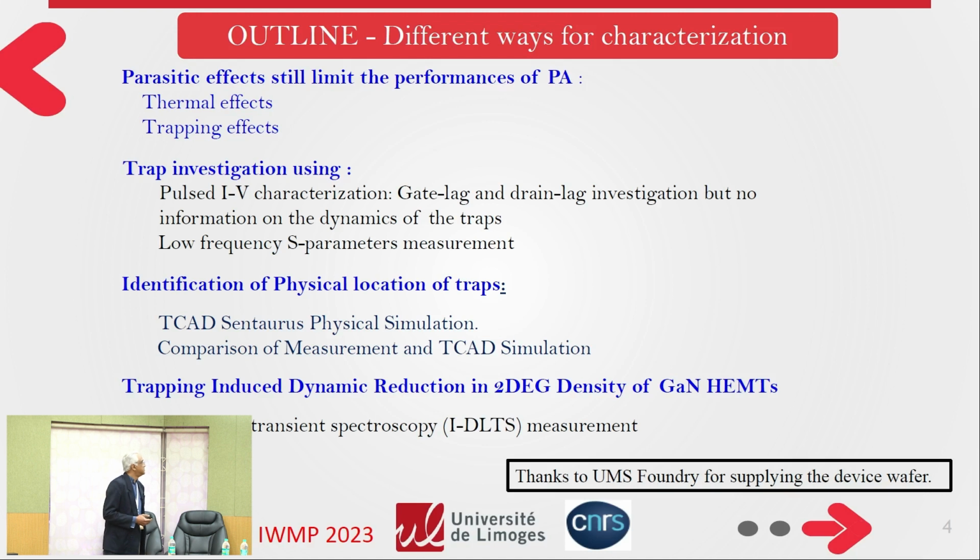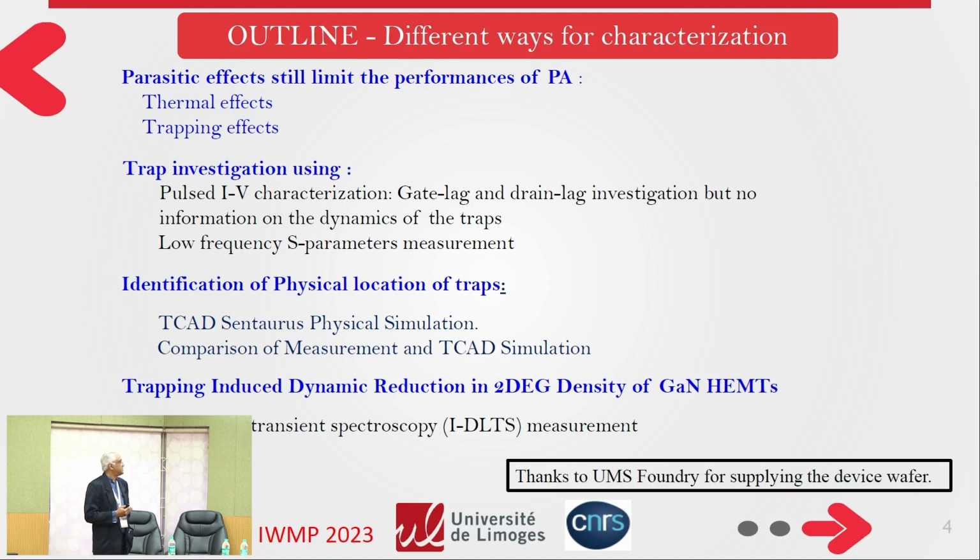Concerning trap investigation, I will talk about pulse IV characterization, gate lag, and drain lag, but we don't have any information on the dynamics of the traps. That's why there are many possibilities we can explore with low frequency S-parameter measurement, or also DLTS current measurement.